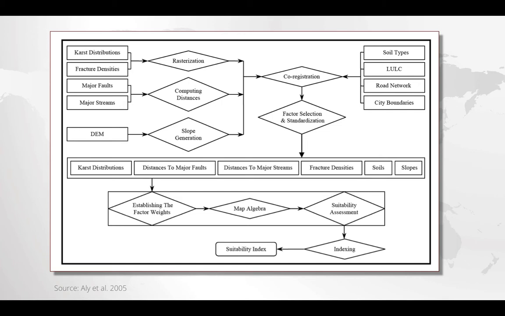And this particular new city suffered from some karst as well as some fracturing of the limestone. And so there might be areas that would be more or less suitable to build.